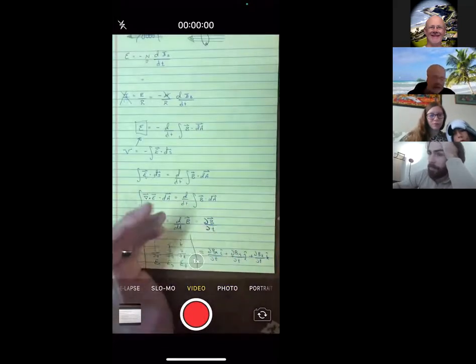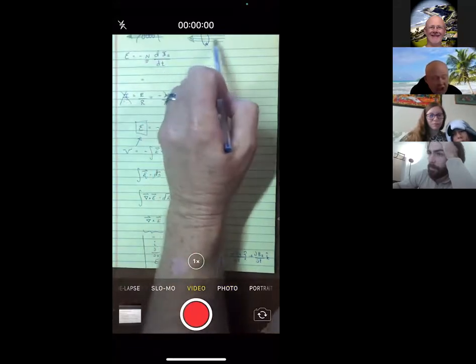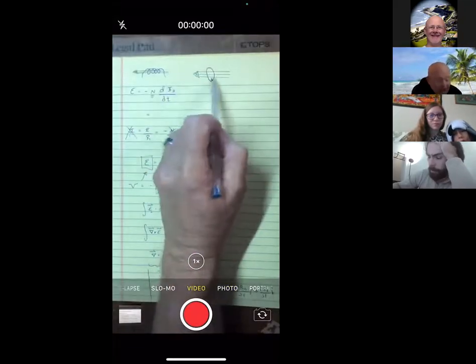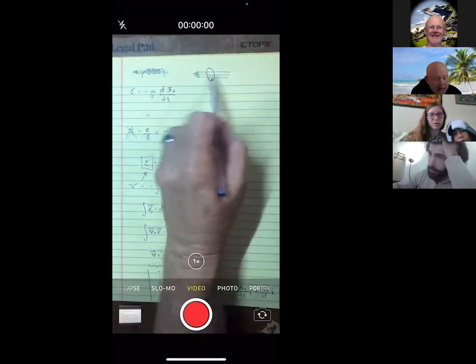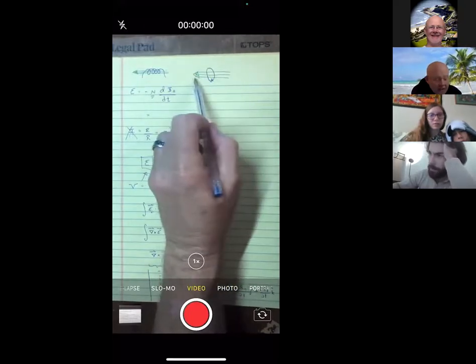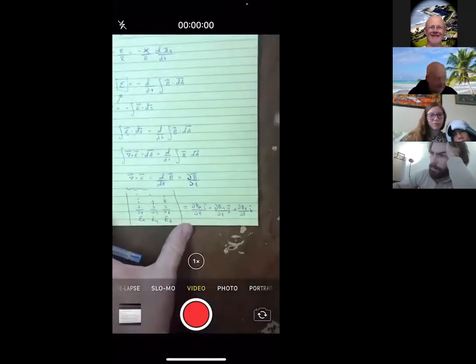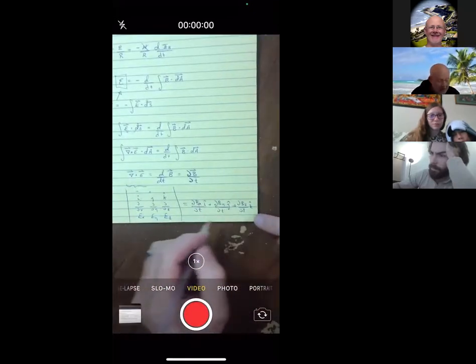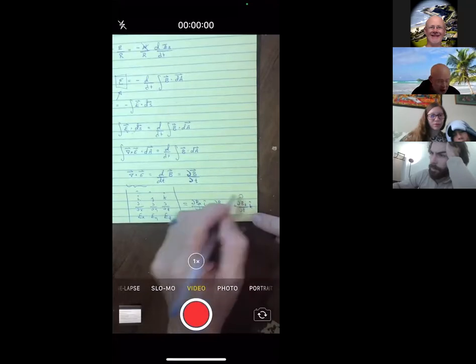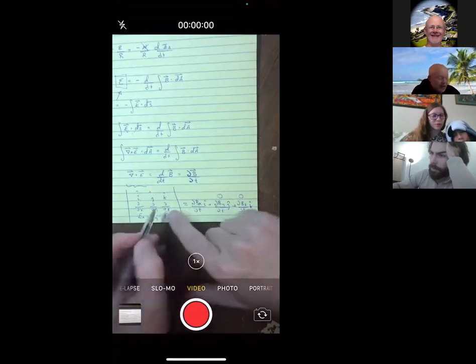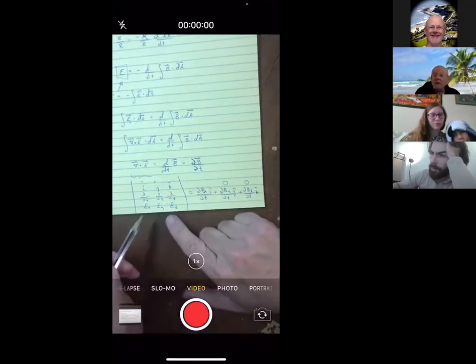But if we limited our discussion, coming back to our picture, to a magnetic field that is only in the X direction, then we could say that this term is 0 and this term is 0. And that really simplifies the other side.